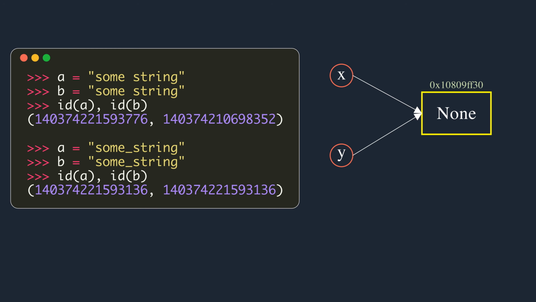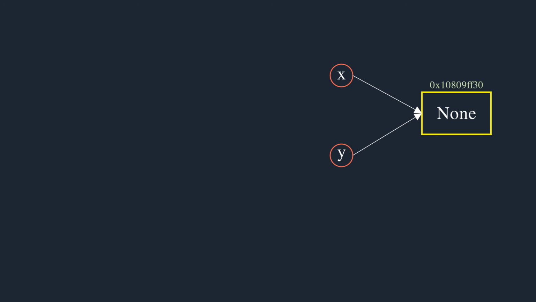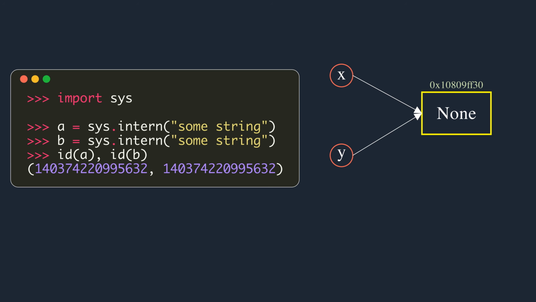That's why the first two are not interned, since they contain the space character. Note that in the case of integers and strings, this is an implementation detail, and it may change in some future versions of Python. It's possible to intern custom strings using the intern function from the sys module, but I haven't seen any use of it in normal application code.